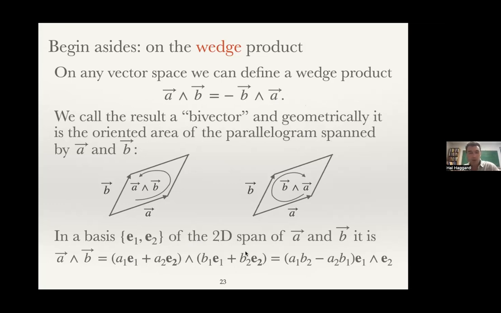Then we go to the second one, and we get A1 B2, E1 wedge E2, and you see that's this first term I've written on the right here. The second term is A2 E2 wedged with B1 E1. That gives me A2 B1, but it's E2 wedge E1. But how do I straighten that out? I just swap the order to get a minus sign, and that's where this minus sign came from.